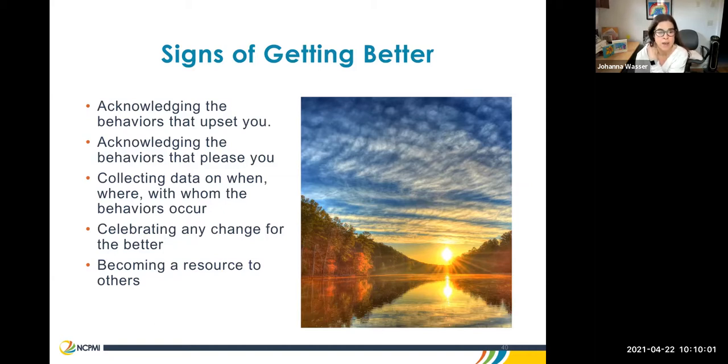Collecting data on when, where, and with whom the behavior occurs, celebrating any changes for the better, and then becoming a resource for others. So, hey, yeah, a couple of years ago, I had a similar situation occur in my classroom. I'd love to share some information with you if you're ready for it. That type of stuff.